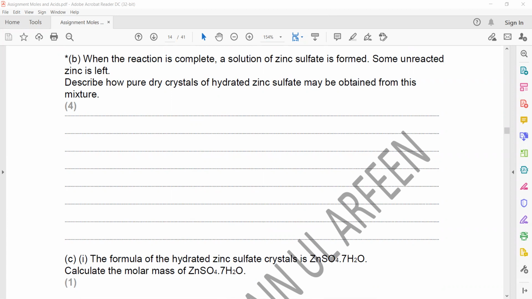First we have to remove the unreacted zinc. And how will we remove the unreacted zinc? We will first filter to remove the excess or unreacted zinc. That's the first thing.